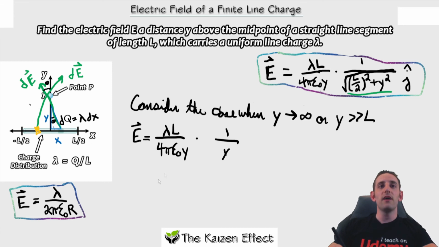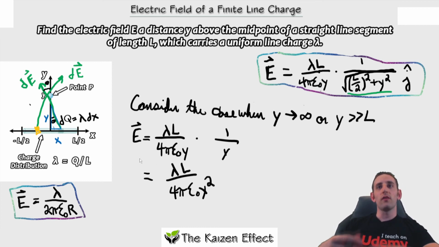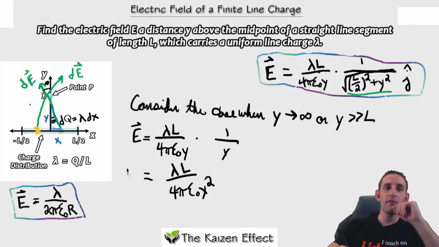So we get that term there, and we end up with lambda L over 4 pi epsilon naught y squared. This y is like the distance out, the r term. And this should look very familiar to you. We want to put our j hat in there.